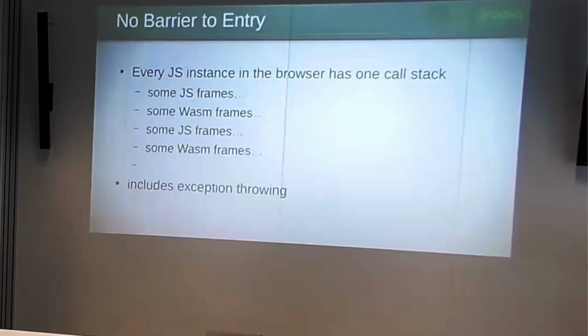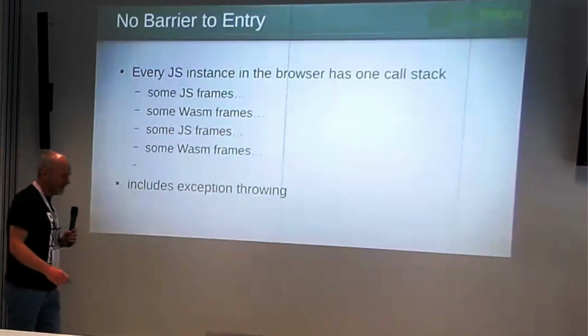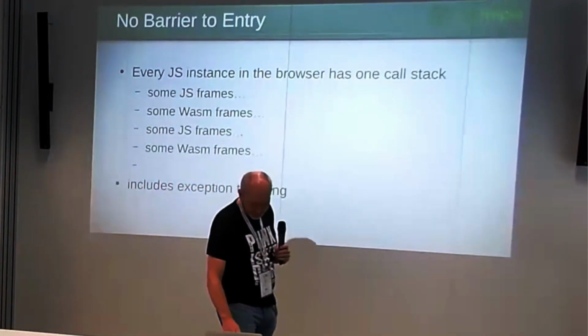You can easily go from the JavaScript world to our C++ world, compiled to WASM, and back again. That's no issue. That's great. And you can even throw exceptions through all these frames, and they also work, which is also great. And there are two kinds of exceptions, which is a bit of a problem.